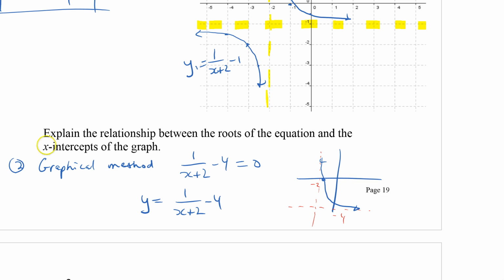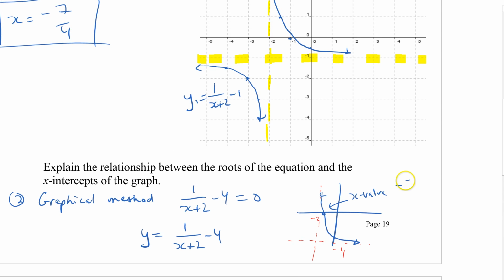So to get back to this question here, this x value is going to be our same answer. It's going to be that -7 over 4. So to go back to explain the relationship between the roots of the equation: the roots of the equation is, when is this equal to 0?